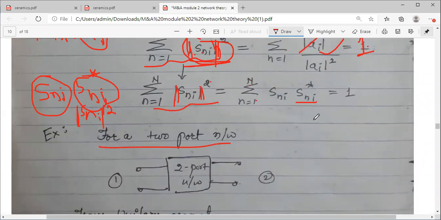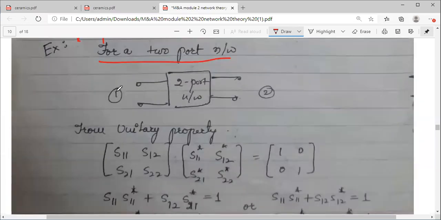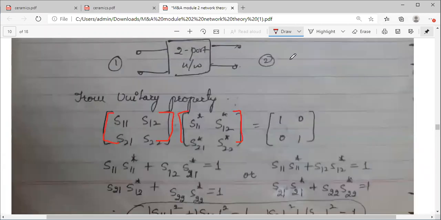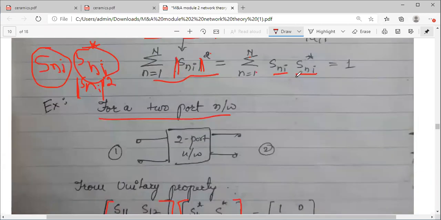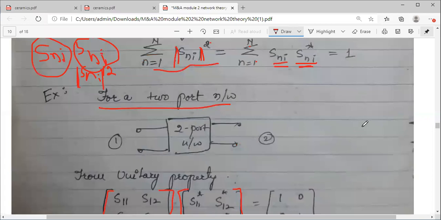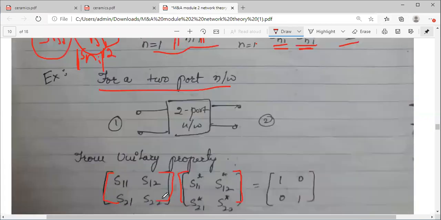So 1 1, 1 2, 2 1, 2 2, and that conjugate. So that's why it is the S matrix multiplied by its conjugate, taking these two quantities S_ni and S_ni star, equal to 1. Indicates 1 what? It's a square matrix, so I can't use simply 1. It is in the form of a matrix.